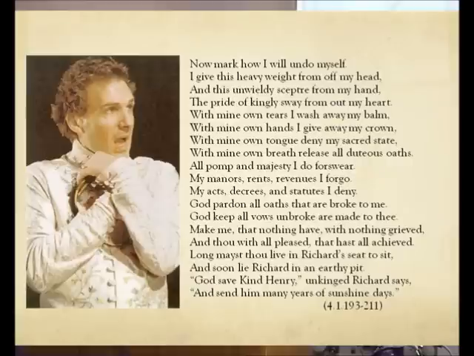So the last 8 lines here, reading up from the bottom, from "God pardon all oaths that are broke to me," as you'll have noticed, are in rhymed couplets, and they're perfectly balanced antitheses. We have a description in each of the alternating lines of what will happen to Richard and what will happen to Henry. We've got this, as I say, kind of perfect balance between the two.